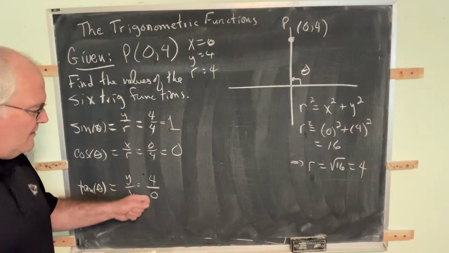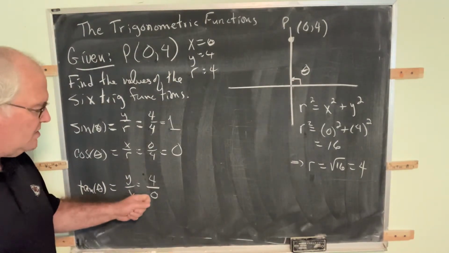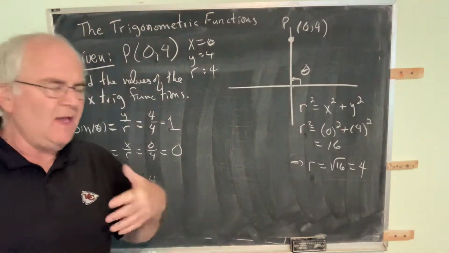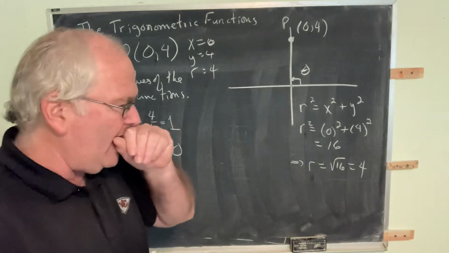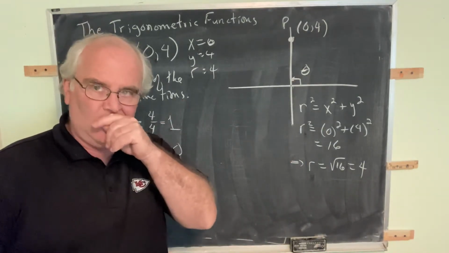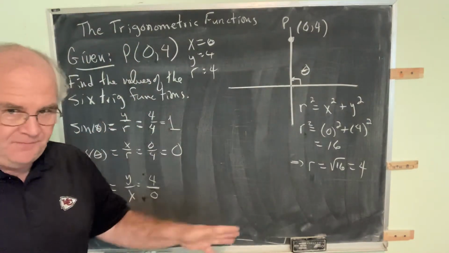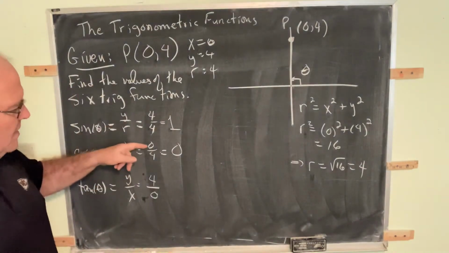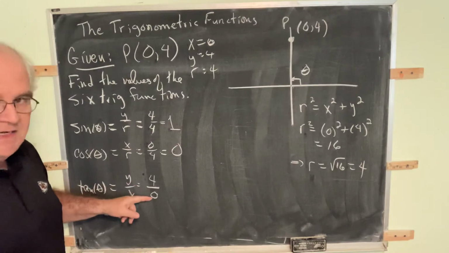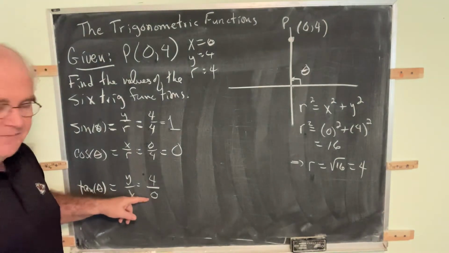Remember that dividing by 0 is not allowed. 0 in the numerator is nice; that's the rule we learned way back when I first took basic algebra. 0 in the denominator, don't do that.